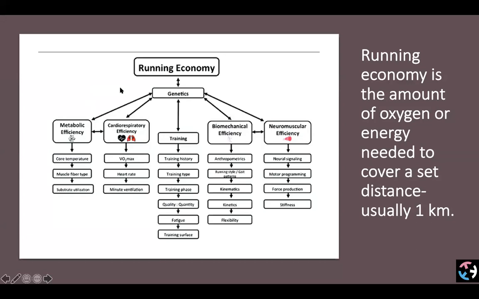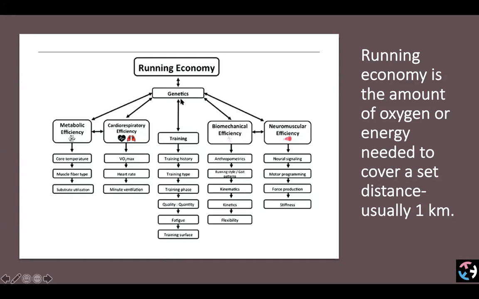So what are the factors that underpin run economy? I suppose the main one is genetics, and then everything fits underneath that. Looking at different studies, it's one of the reasons why the East Africans generally have very low run economy values, which allows them to run so fast.